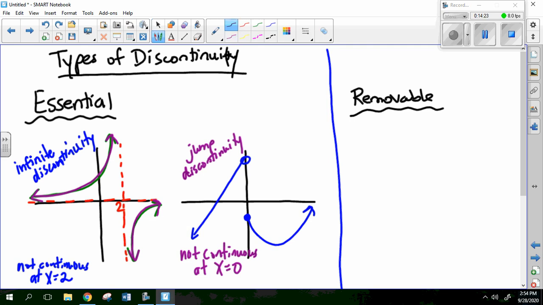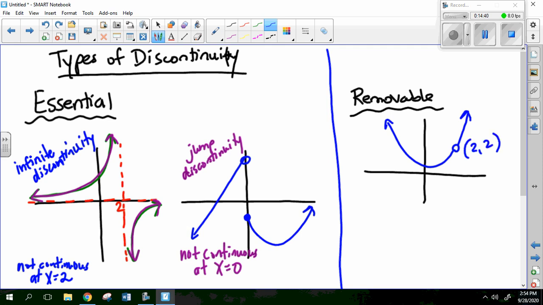All right, here's an example of a graph of something that's removable. All right, let's say I draw this. So it's almost continuous, but it has a hole in it. Okay, and let's pretend that that hole is at, I don't know, 2, 2. I'm just pretending. Well, you can tell me that it is not continuous, right?